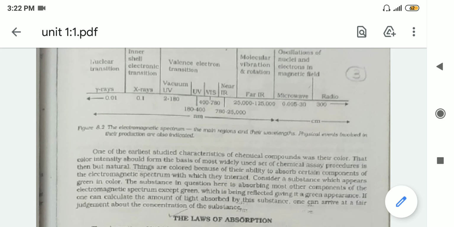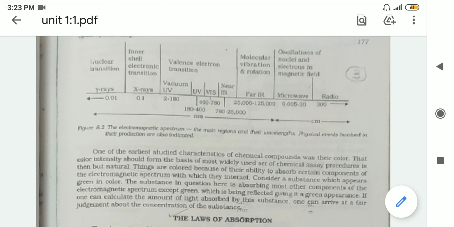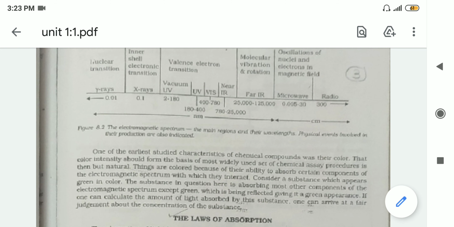Microwaves and radio waves are measured in centimeters because they are quite measurable in centimeters. Microwave has a range of 0.005 to 30 centimeters, and radio waves are 300 centimeters and above in wavelength. Microwave and radio waves occur when there is vibration in the nucleus or in the electromagnetic field.